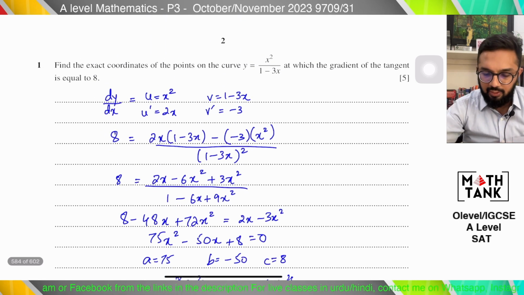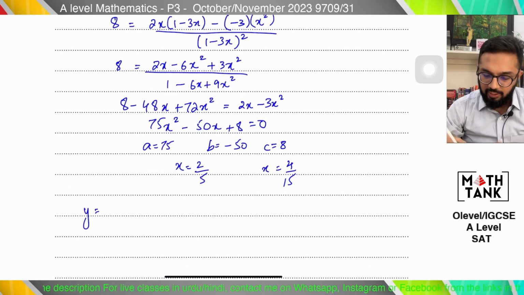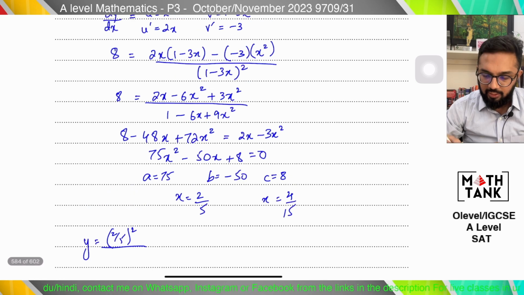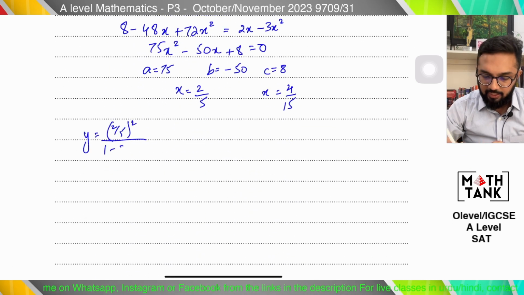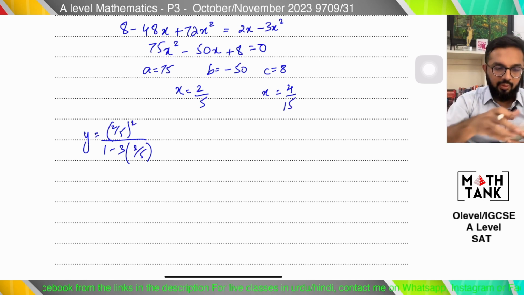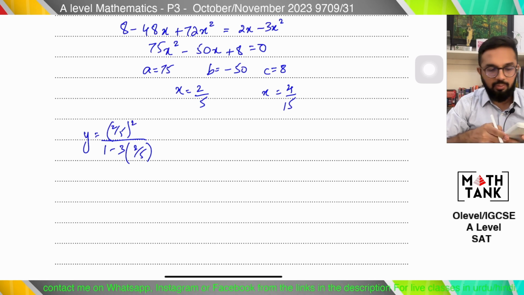Okay, and I also want to find the y coordinates, exact coordinates. So y equals 2/5 squared over 1 minus 3 times 2/5. So 0.4 squared over 1 minus 1.2.